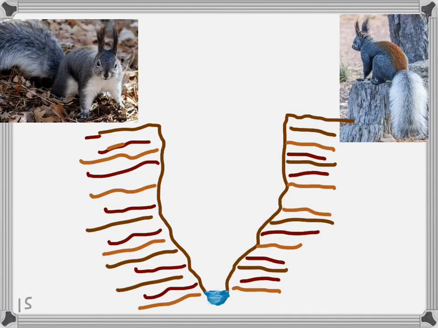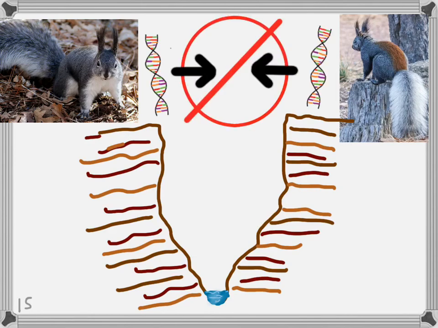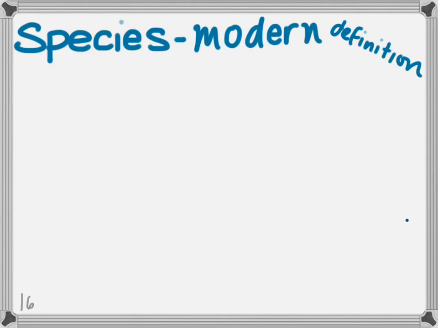In either case, if the two groups are isolated for any reason for enough generations, it prevents DNA from being exchanged between the groups. With no gene flow between them, the differences in the groups may become larger and larger. This brings us to the most modern definition of species.